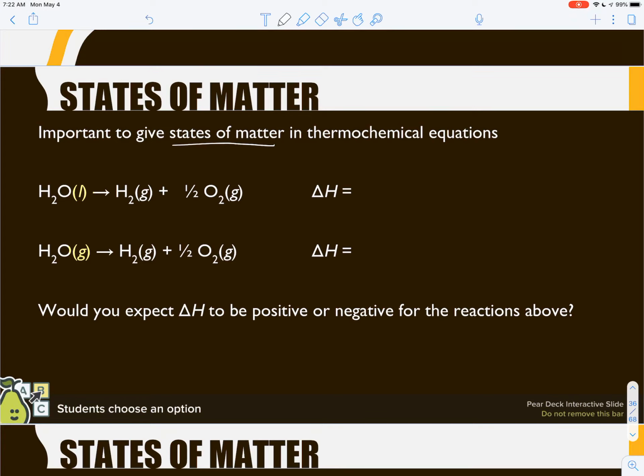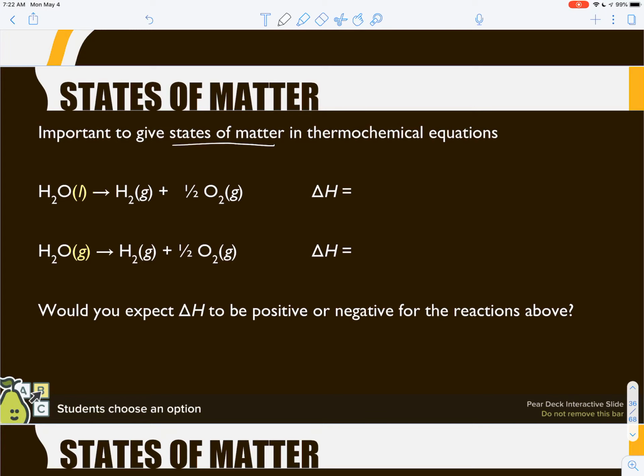When hydrogen and oxygen get together, I think you may remember that it releases tons of energy when hydrogen reacts with oxygen, right? We did that with the balloons. So if that releases energy to form water, then it must require energy to break up water, which means that it's endothermic, which means that these are positive. Energy is required, energy will be a reactant.